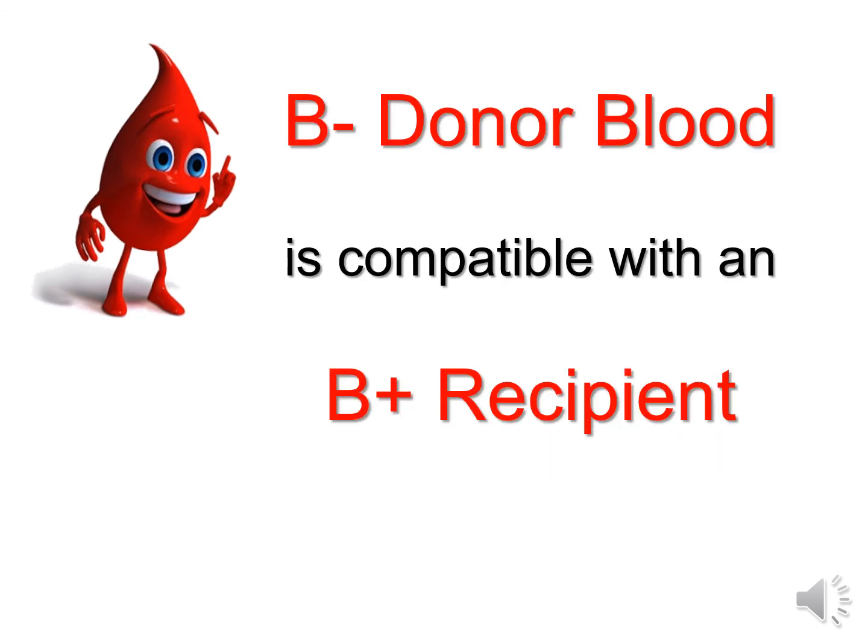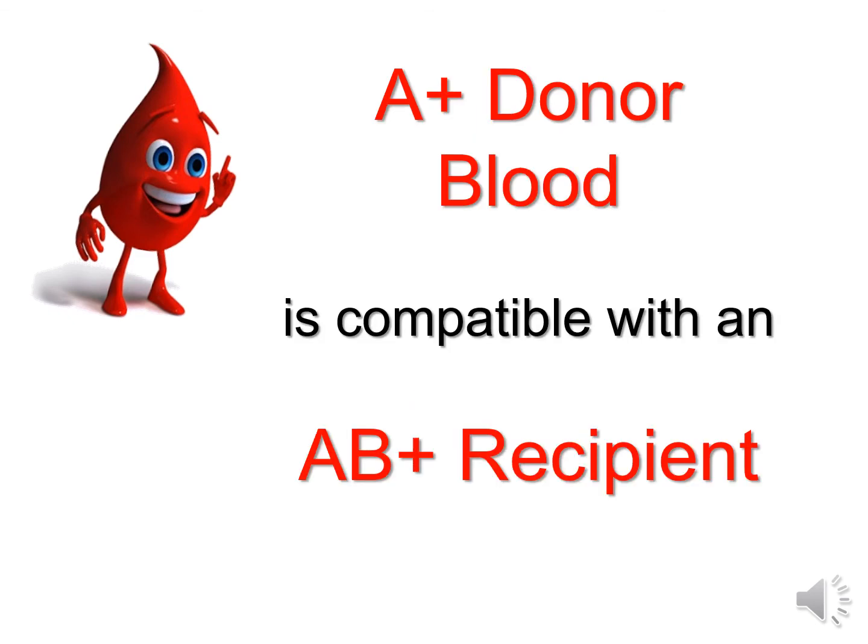B negative donor blood is compatible with a B positive recipient. That's correct. An A positive donor's blood is compatible with an AB positive recipient. Yes or no? True or false? Correct or incorrect? That's correct.